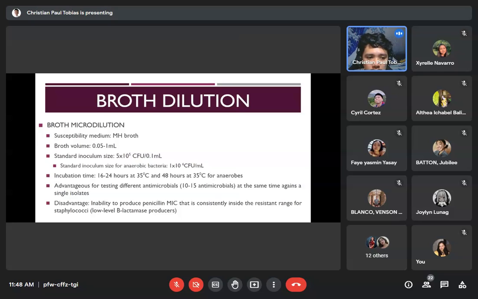Incubation time is 16 to 24 hours at 35 degrees Celsius, and for anaerobes, 48 hours at 35. Advantage: different antimicrobials, so you can use 10 to 15 antimicrobials at the same time against a single isolate. Disadvantage: inability to produce a penicillin MIC that is consistently inside the resistant range for staphylococci.